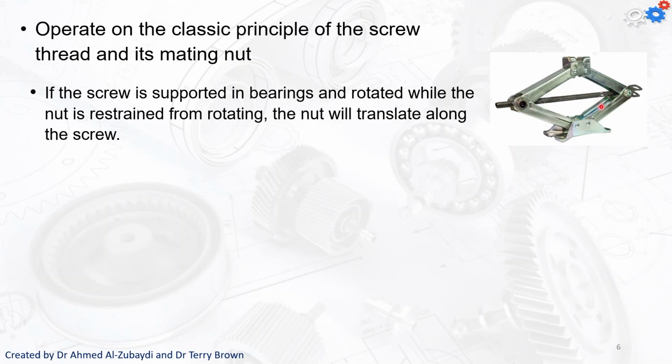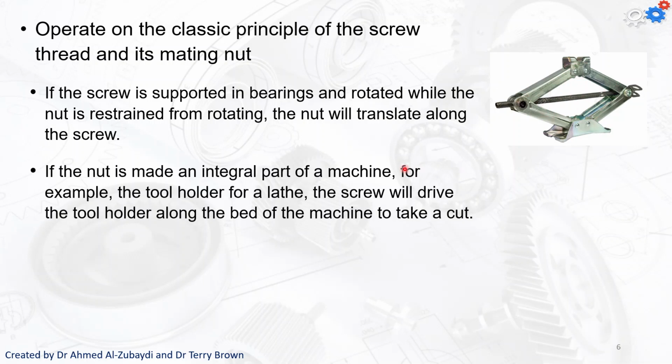As we wind the screw, the screw doesn't move, but the nut will travel along the screw, raising or lowering the load via the scissor mechanism here. Okay, so that's one way.